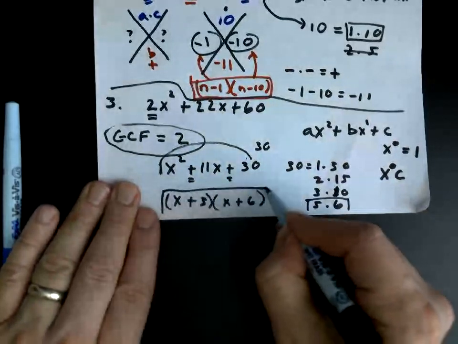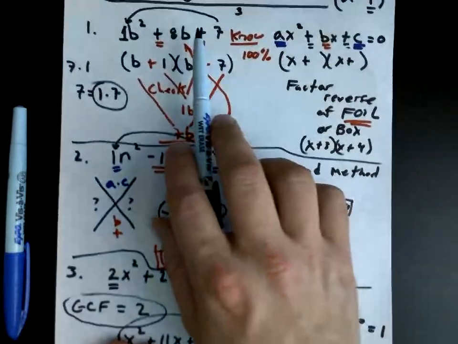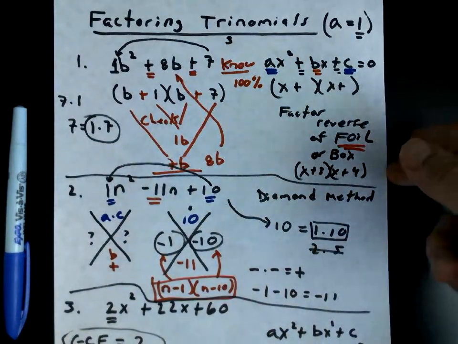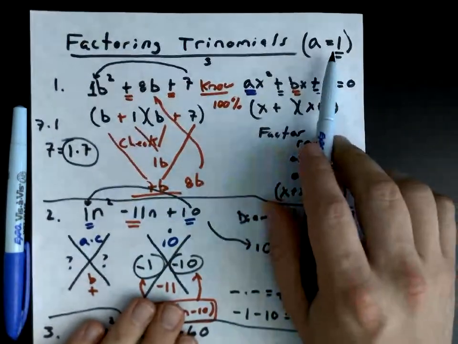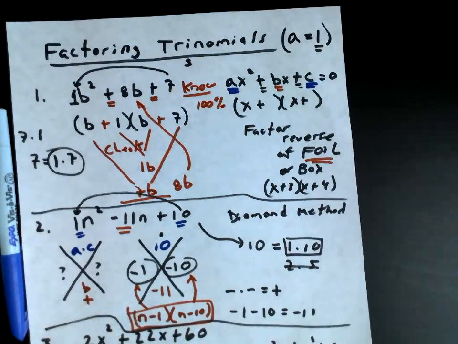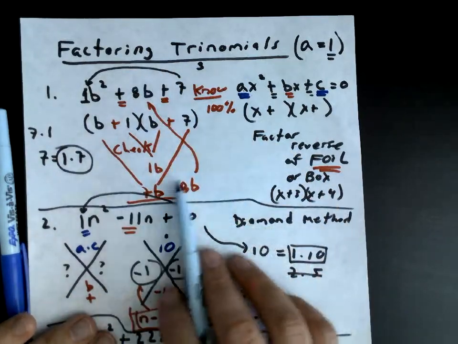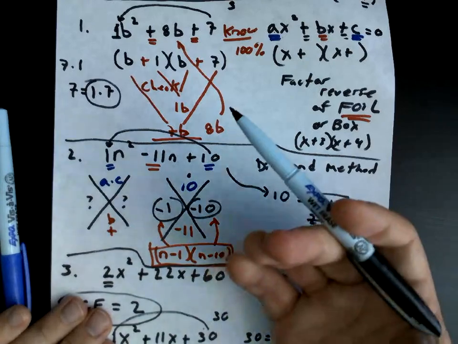So here's our factors. I'm hoping that you're seeing how to factor trinomials with a equals 1. Now there is another way of looking at this without a being 1. And I want to show you that too, because when we do it this simple way, we are actually forgetting something.